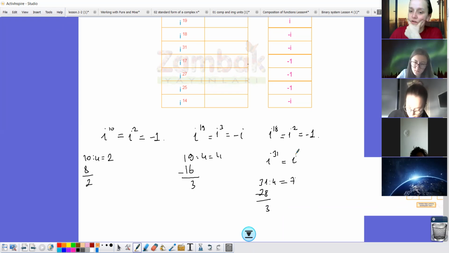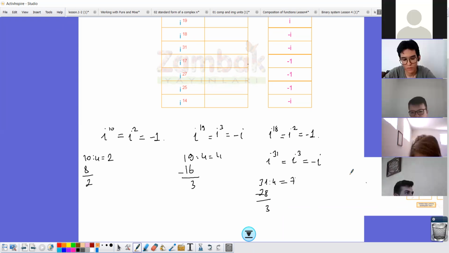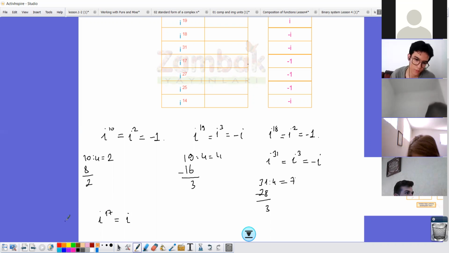So we have i cubed, which is minus i. Okay, thank you. Fatih? Sure. i to the power of, the remainder is 1. So we will have directly i.